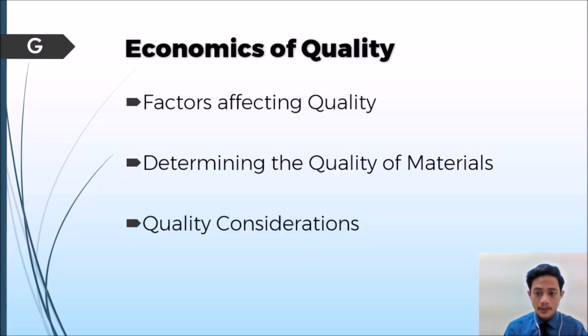Next, by understanding this topic of economics of quality, a quantity surveyor will realize that when choosing the quality of materials in a construction project, the cost or the economics of the construction is just one of the factors that the QS needs to consider.